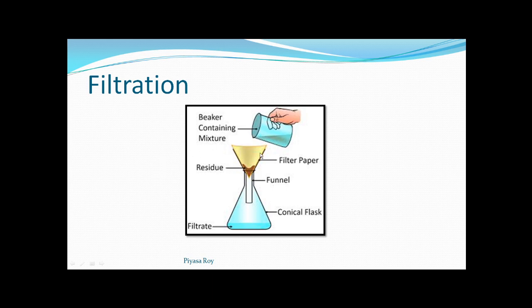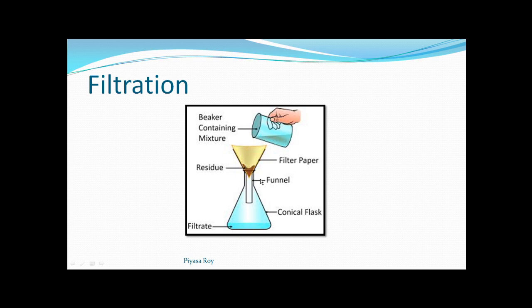Okay, so here we have taken the filter paper. This filter paper will be placed in the funnel, and then in this beaker we will be taking the solid and liquid mixture, and then we will pour the whole solution in this filter paper.